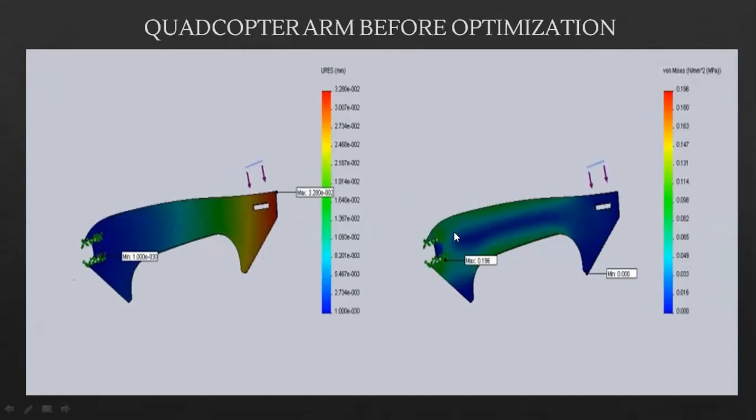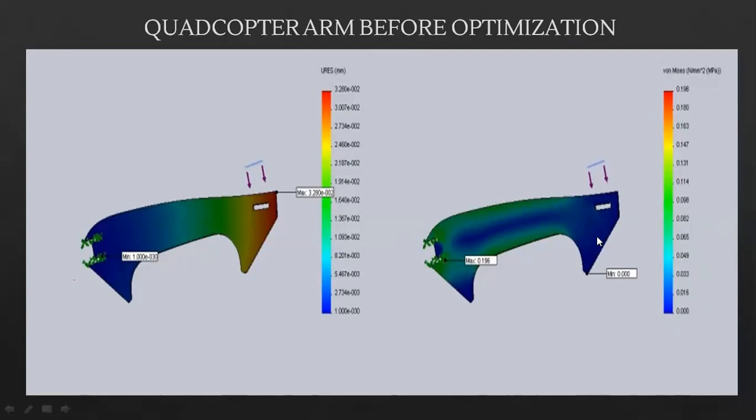The part in blue here, as you can see in the color band, which indicates the von Mises stress, has almost zero stress. As the color goes from blue to green to red, the stress increases, right? The values you have there are in MPa, and you can set the units as per your convenience.